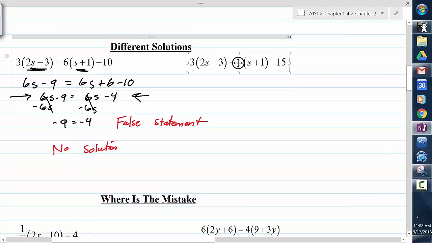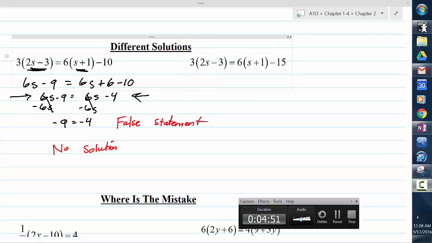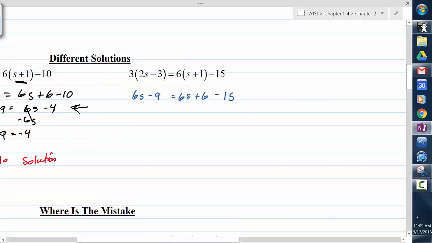Similarly, if we talk about the other problem that we have, if I try to solve that, again, all I did there was distribute the 3 and distribute the 6. So I got 6s minus 9 equals 6s plus 6 minus 15. So combining like terms, 6s minus 9 equals 6s minus 9. Now notice here we have the same thing.